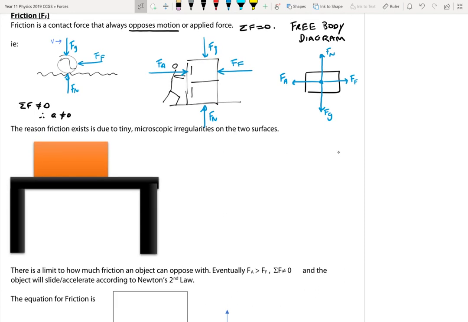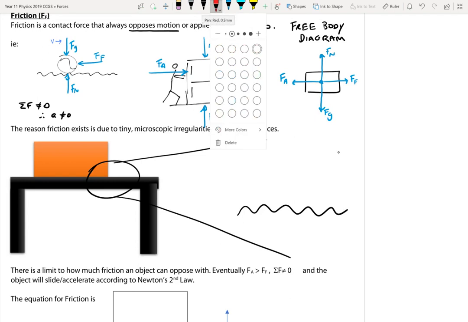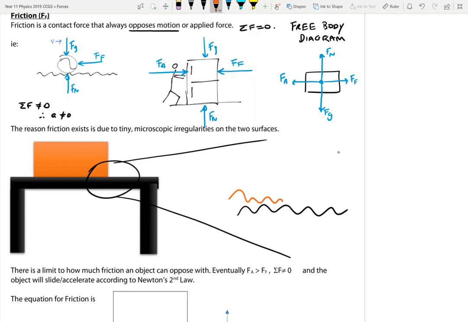Now, again, the reason that friction exists is because if we zoom in on the surface, there are tiny microscopic irregularities. There are going to be little nooks and crannies and crevices and valleys and hills, and they sink down into each other.